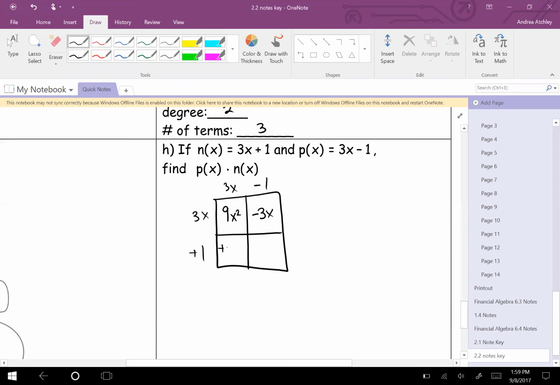This would be a positive 3x, and this would be a negative 1. These two middle ones will cancel each other out. So I should have 9x squared, and then just minus 1.